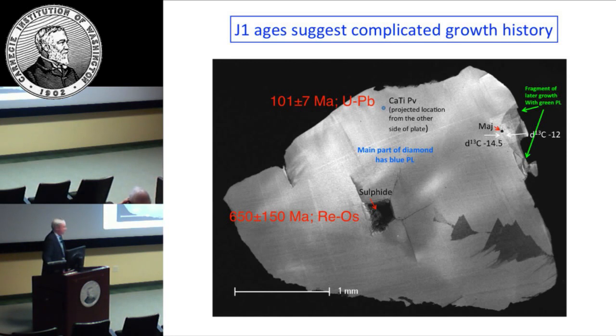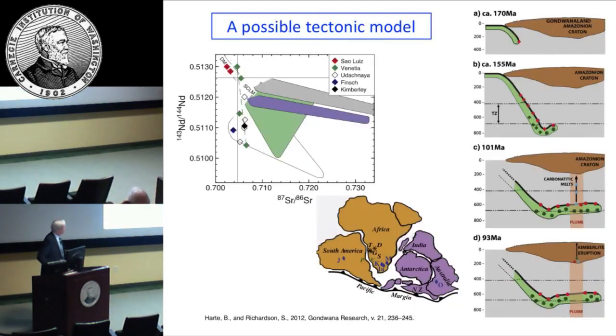So what this means is that we need to do a lot more diamonds that have sulfides if we can find the sulfides, because if you look at what's going on in the mantle, if you want to look at a tectonic model for this region, this is from a paper by Ben Hart and Steve Richardson, who's visiting us on sabbatical for the next month and a half. Been here for about a month.